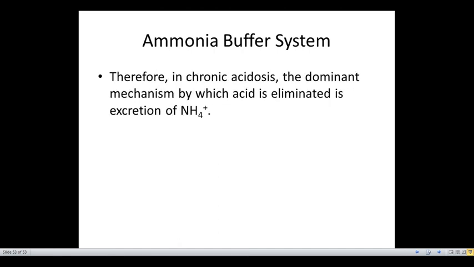Therefore, in chronic acidosis, remember that the dominant mechanism by which acid is eliminated is by excretion of ammonium ions.